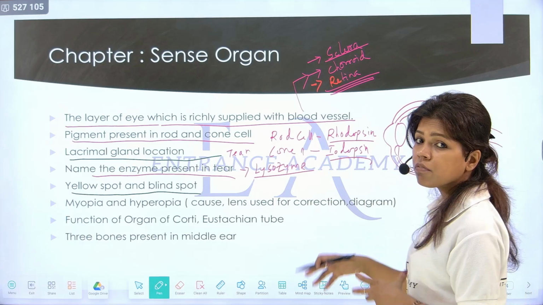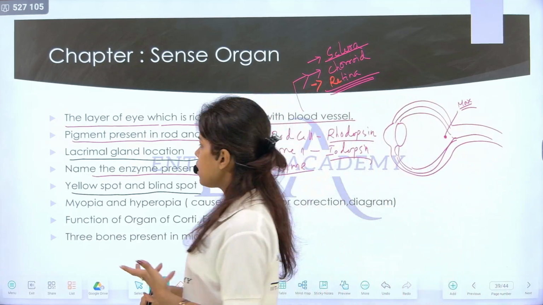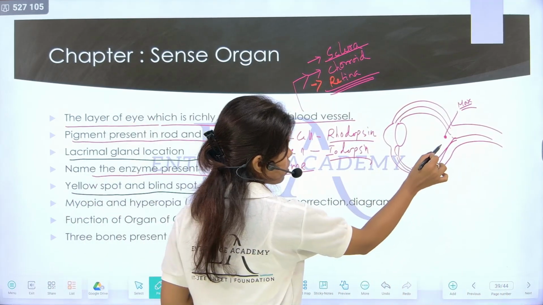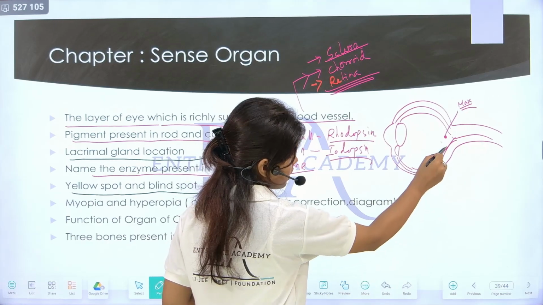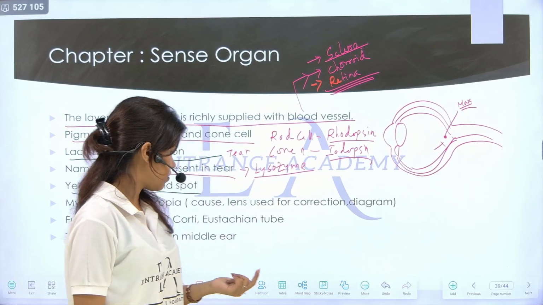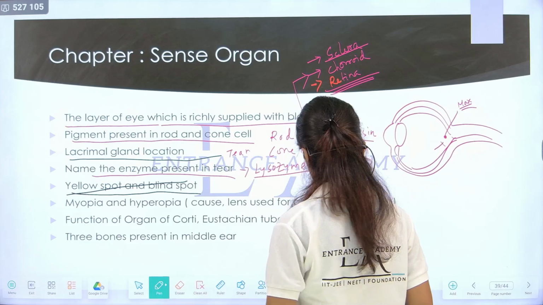This is the region of best vision. And blind spot is the region where no rod or cone cells are present. That is, it is a region of no vision. So, yellow spot and blind spot.